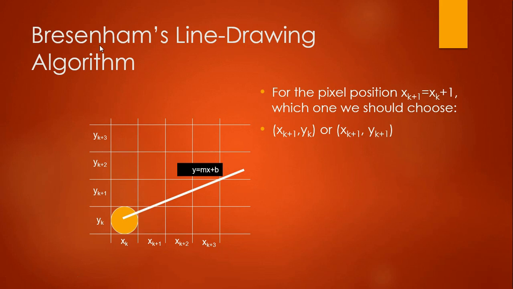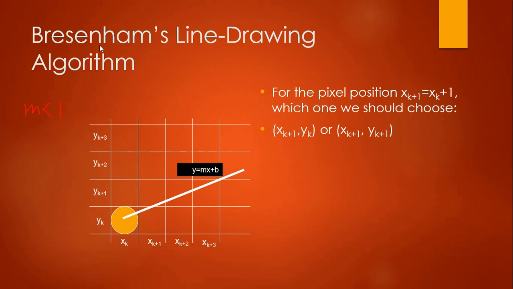Bresenham's line drawing algorithm. To illustrate this approach, we consider the scan conversion process for lines with positive slope less than 1.0. So in this algorithm, we are considering slope less than 1.